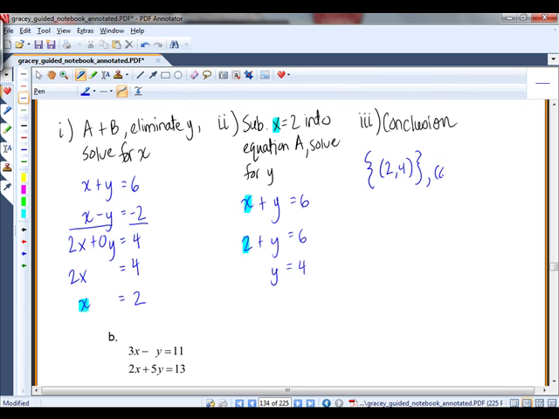So it's a consistent system. And these equations are not multiples of each other. So we have independent equations. And we're all done.